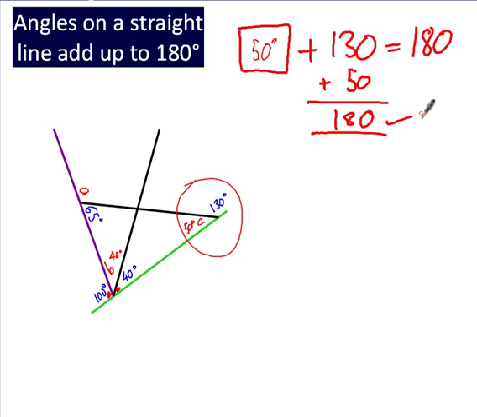Okay, that's how to use the fact that angles on a straight line add up to 180 degrees to find missing angles. The two things that I'd like you to remember are that when you're looking to solve or find any missing angle, it tends to be that the examiner has given you loads of other information or put lots of other parts of the diagram, when really it might only be a small part that you need to focus on.